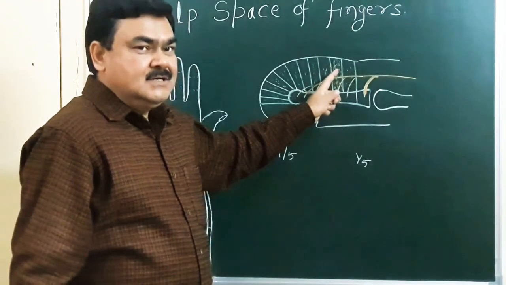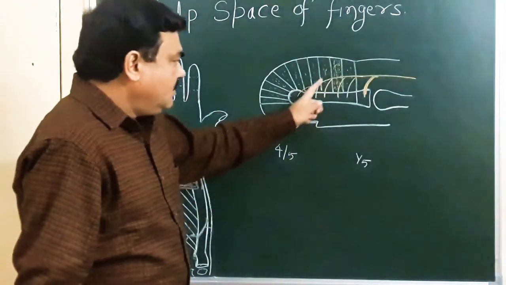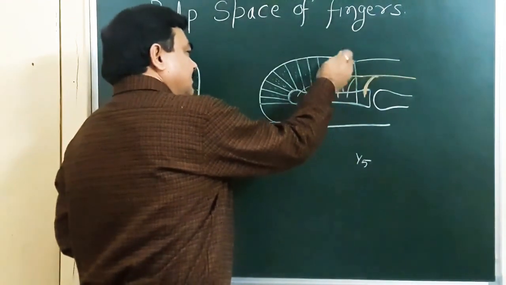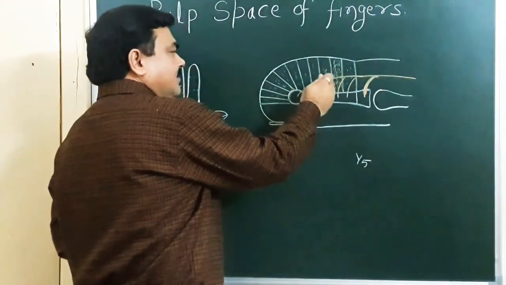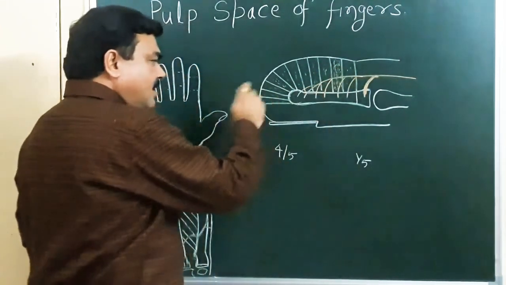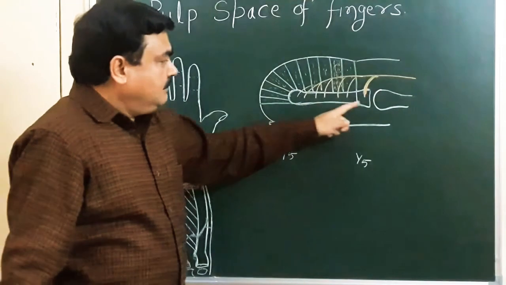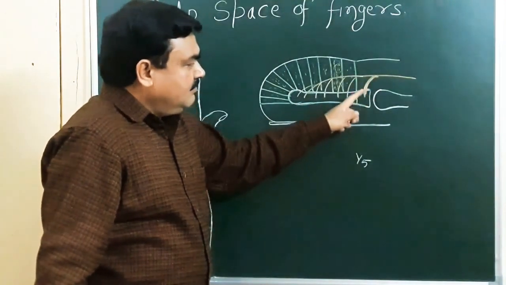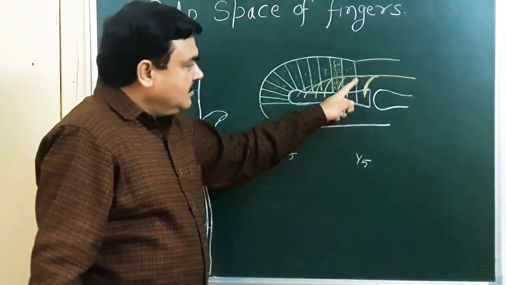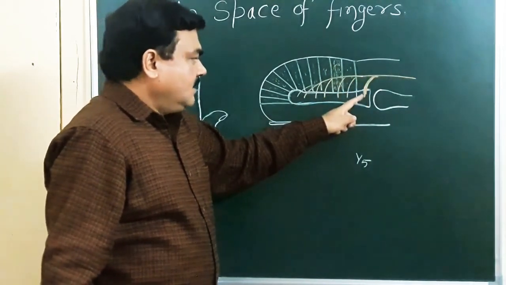The infection causes severe throbbing pain due to the tight compartment. At the same time, this part remains unaffected because its arterial supply comes prior to entering the septa.